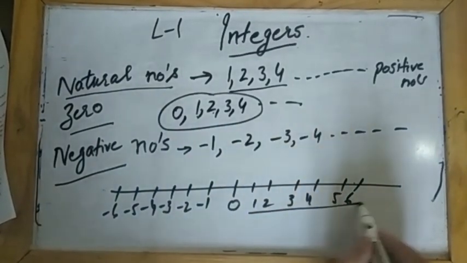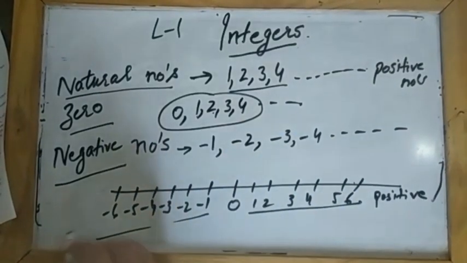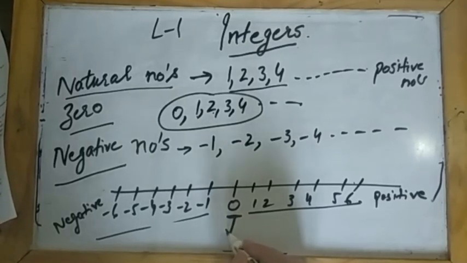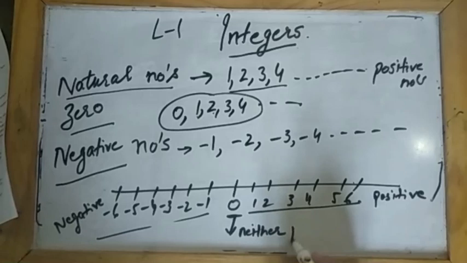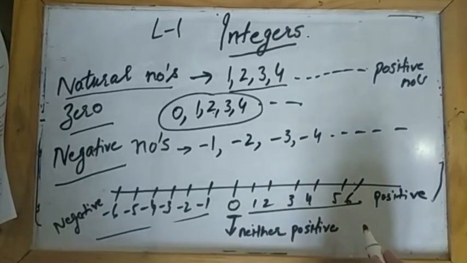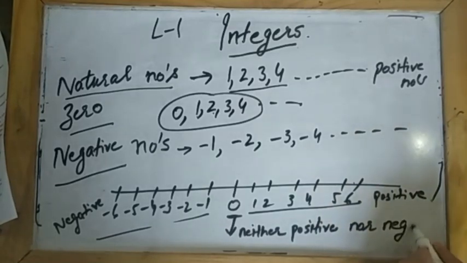So these positive numbers, these negative numbers, and this 0, all these three make your integers, and 0 is neither negative nor positive. I don't assign any sign to 0.